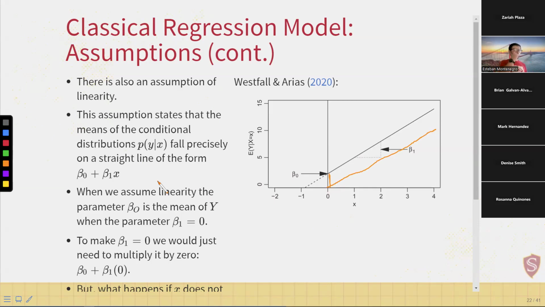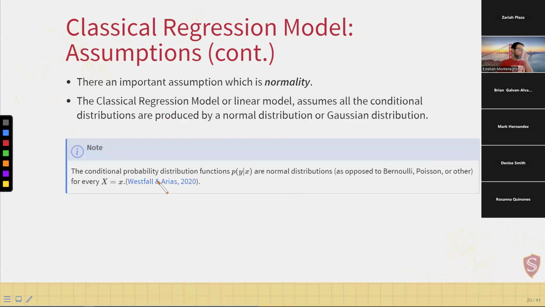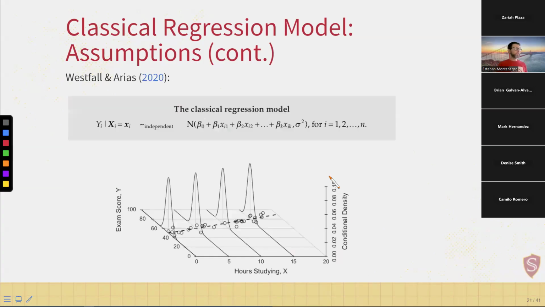So let me go back and refresh what we covered the last time. The last time we were covering assumptions related to linear regression, or the classical regression model. And I told you that one of the most important assumptions is the assumption of normal distribution. It says that all these conditional distributions are normally distributed.